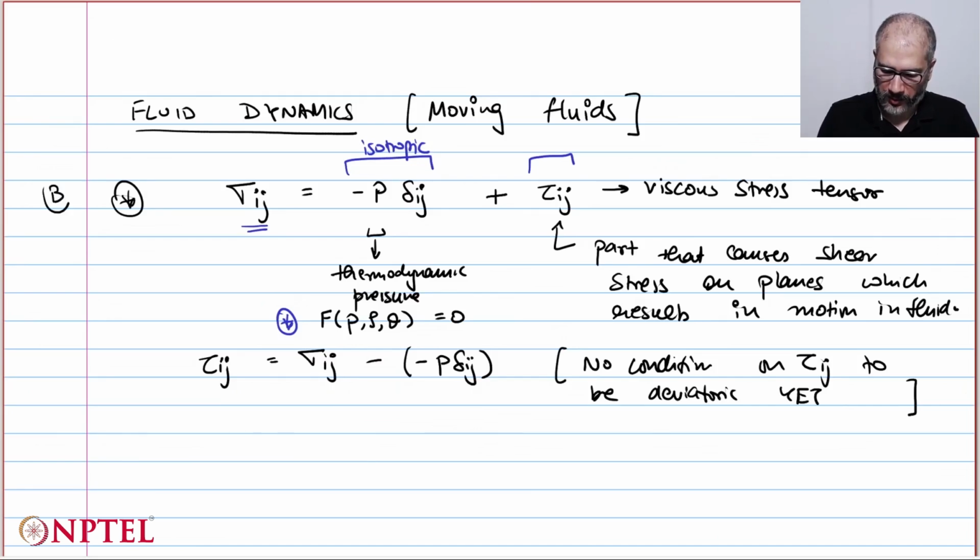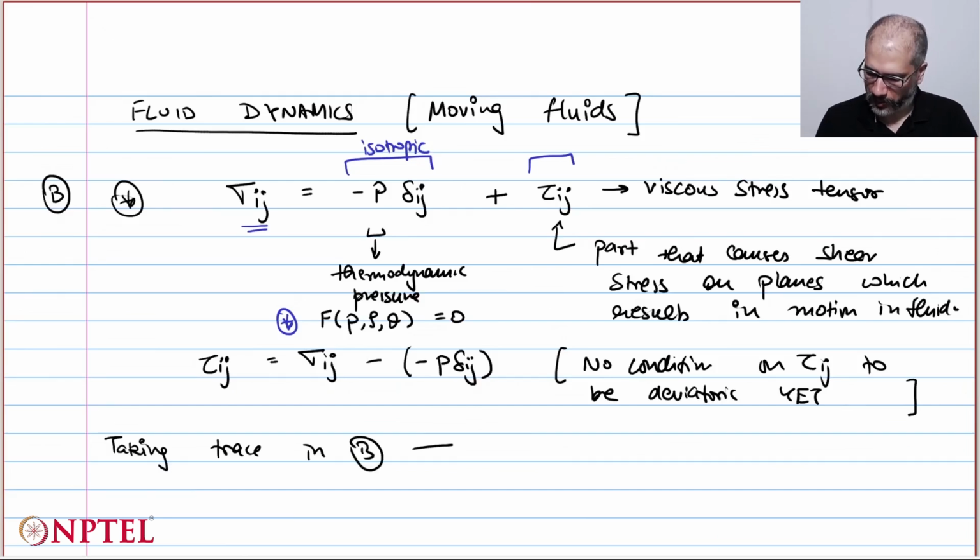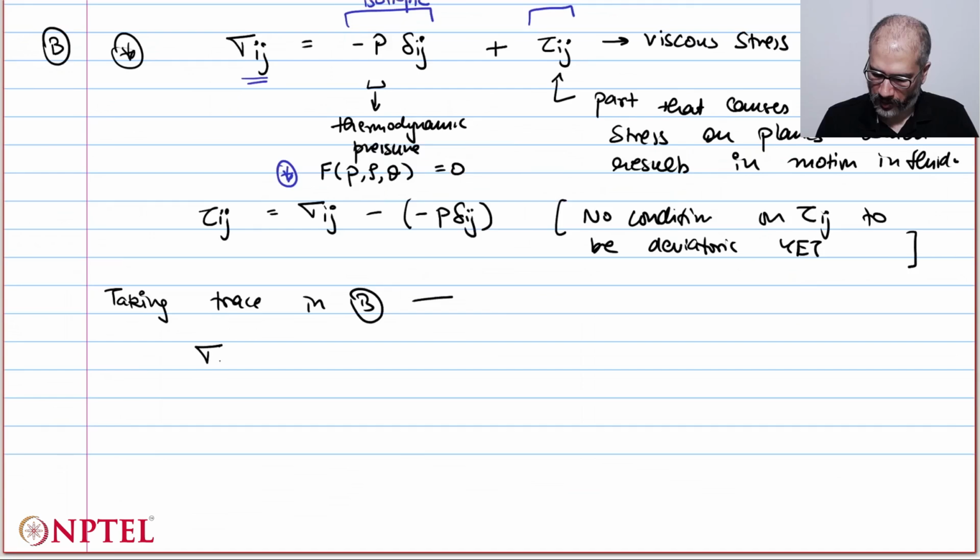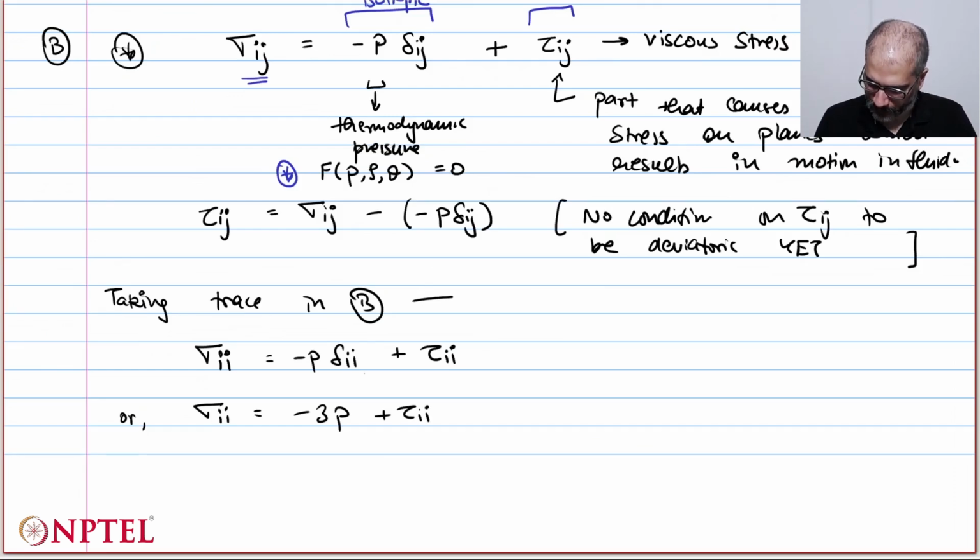So let's call this B. So I can take the trace of B, or taking the trace in B. So we get a sigma ii. So we said i equal to j here is minus P delta ii plus tau ii. So this simplifies to sigma ii is minus 3 times P plus tau ii. So I can write minus 3P as sigma ii minus tau ii.